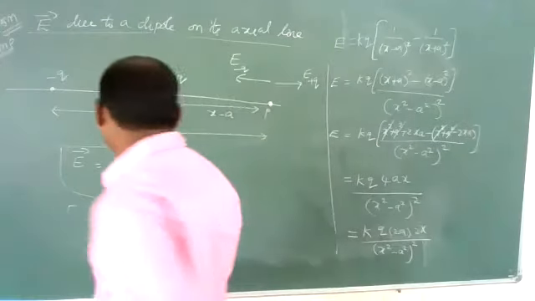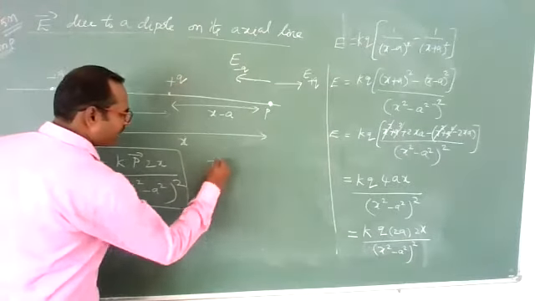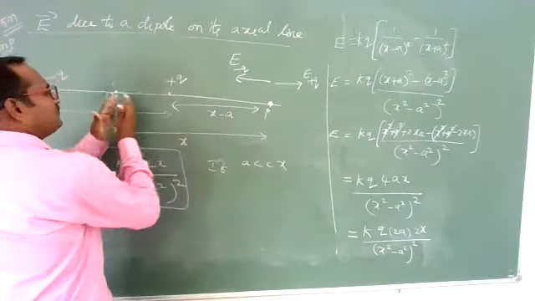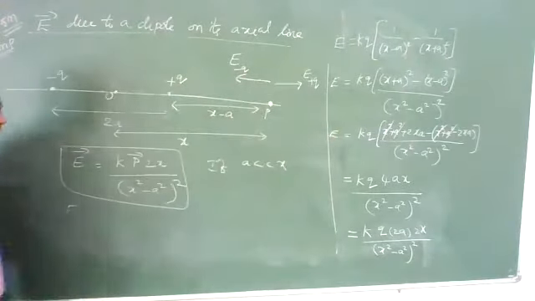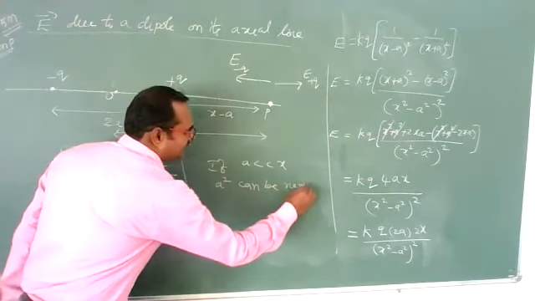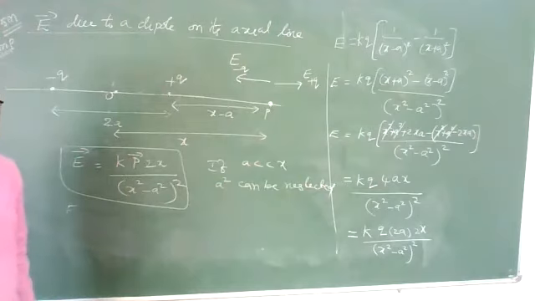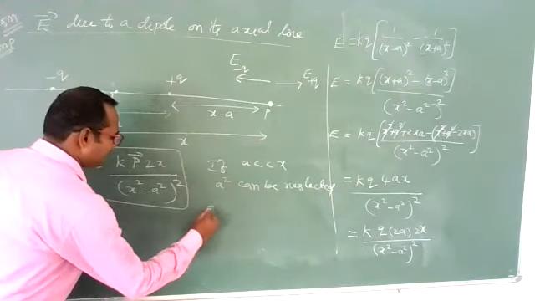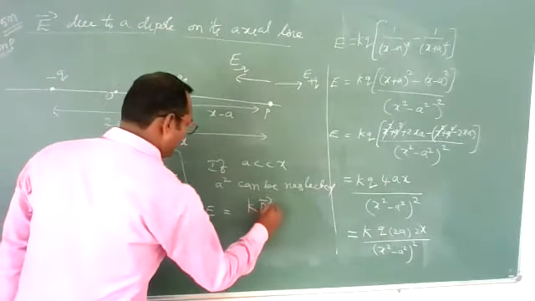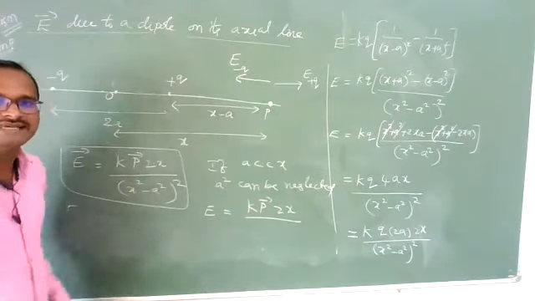Now, if the length of the dipole is very small, means a is very small compared to x, means the point where we need to find the electric field is very far away, then a square can be neglected in comparison to x square. Yes or no? So you will get net electric field equal to Kp bar 2x divided by, a square neglected, (x square) whole square, which is x power 4.